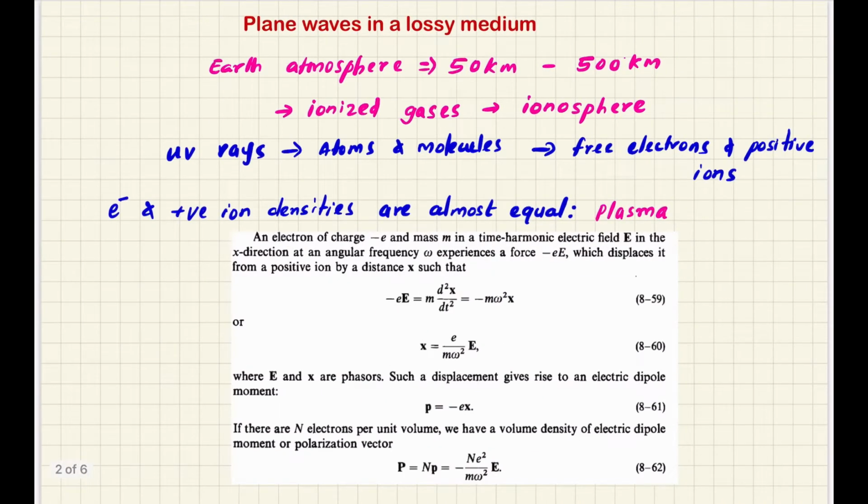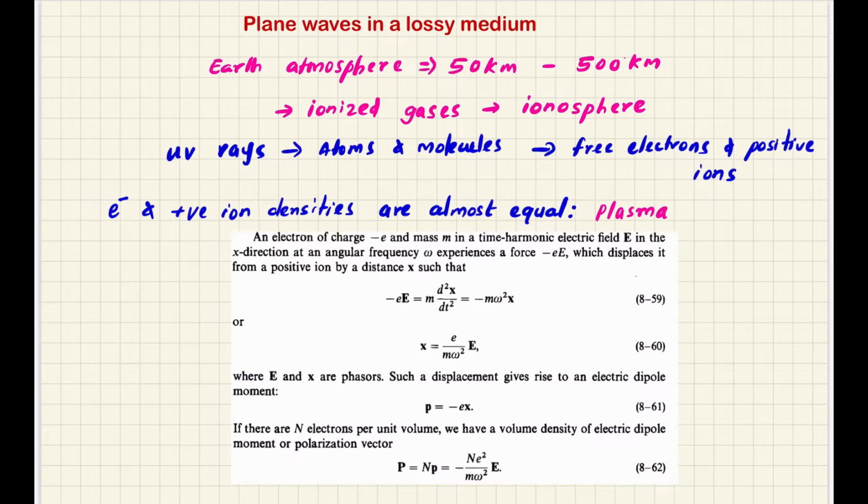So, in Earth's atmosphere, at an altitude of about 50 kilometers to 500 kilometers, it is usually called the ionosphere because it contains a lot of ions, negatively charged electrons, and also positively charged ion cores.